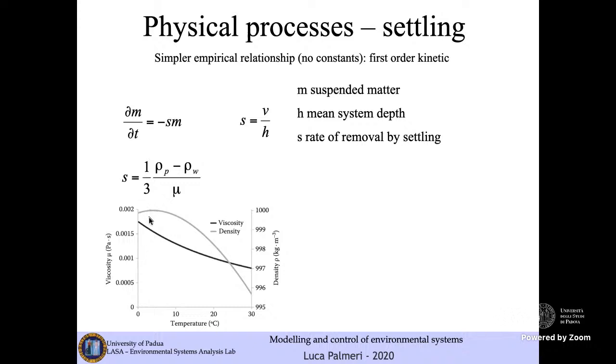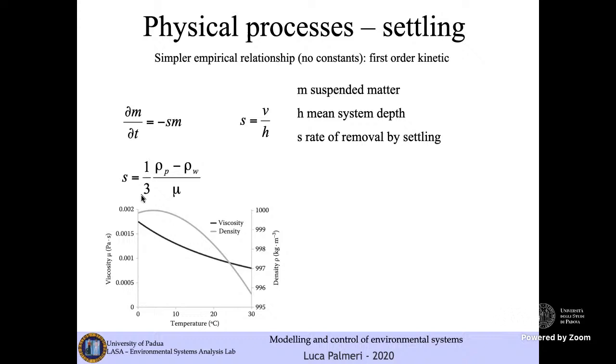Then when the temperature increases, the density tends to decrease. For the viscosity, we have the same kind of dependence, but the shape is different. In the case of the density, the concavity is toward the upper part, while in the case of the viscosity, we have a reverse concavity.